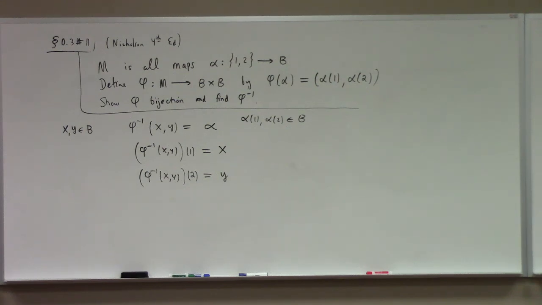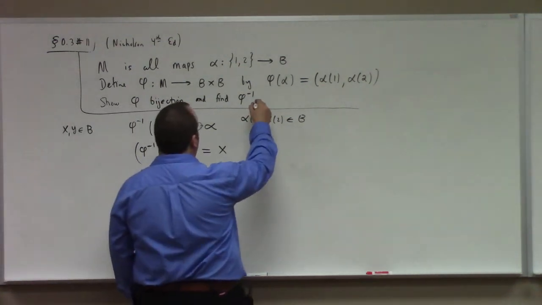Okay, so I'm a little confused about what alpha is defined as. The only thing you can put into alpha is the set {1, 2}, and you'll get something in B. So phi inverse is a mapping from B cross B to M, which is all maps.